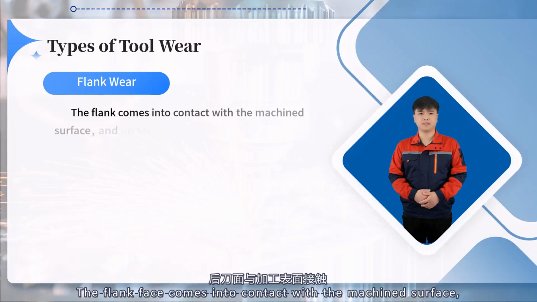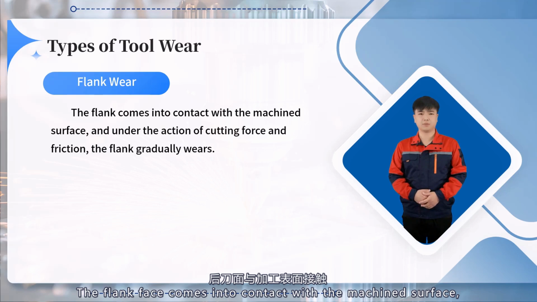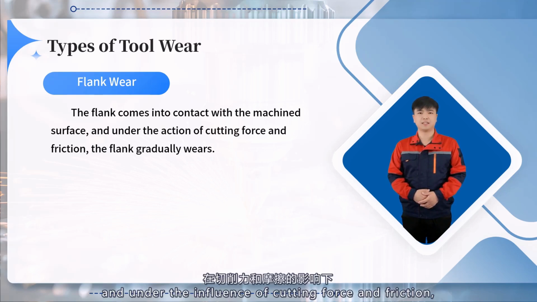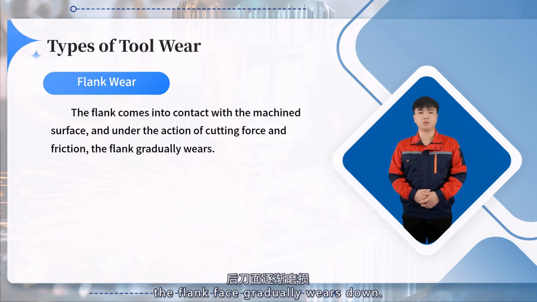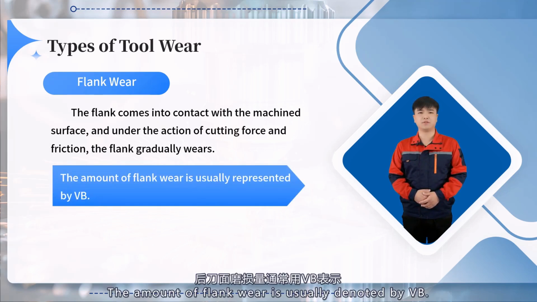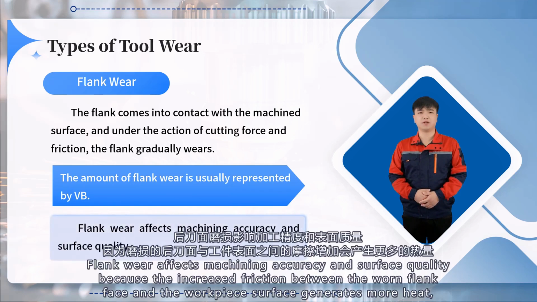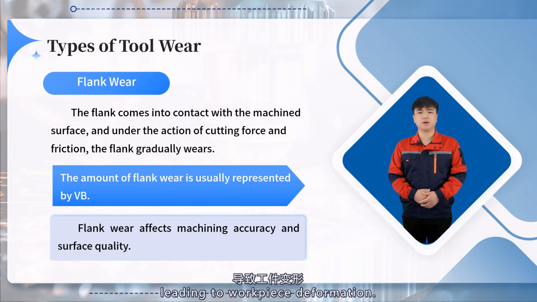Flank wear. The flank face comes into contact with the machined surface, and under the influence of cutting force and friction, the flank face gradually wears down. The amount of flank wear is usually denoted by Vb. Flank wear affects machining accuracy and surface quality because the increased friction between the worn flank face and the workpiece surface generates more heat, leading to workpiece deformation.